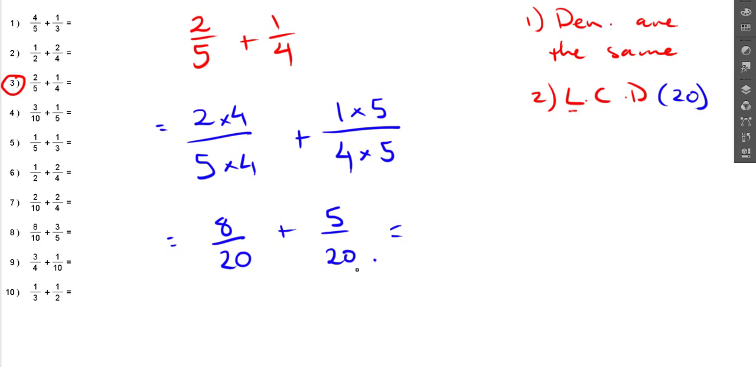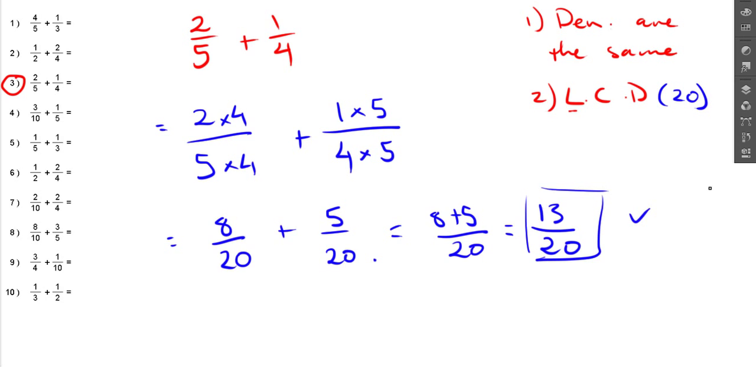Okay, and all we simply do is our denominators stay the same, so our answer is going to have 20 at the bottom, but we add the numerators. So that's 8 plus 5. Okay, so 8 plus 5, that's 8, 9, 10, 11, 12, 13. 13, I still count on my fingers. So we have 13 over 20. Okay, so try to get to this point here. 13 out of 20.